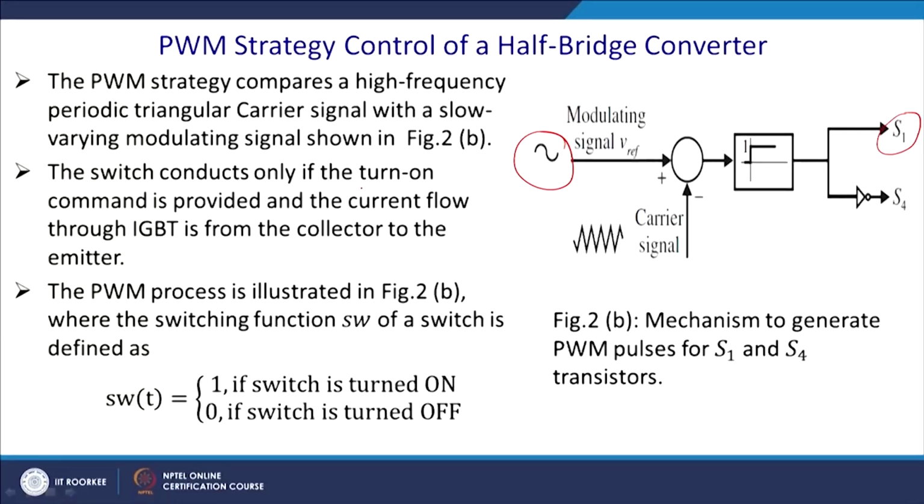The switch conducts only if the turn on command is provided, with current flowing through the IGBT or the MOSFET from the collector to the emitter. The PWM process is illustrated in figure 2b, and the switching function SW of the switch is denoted as 1 if the switch is turned on and 0 if the switch is turned off.